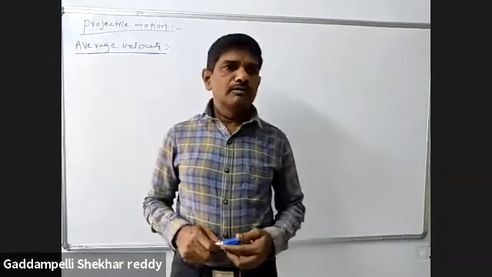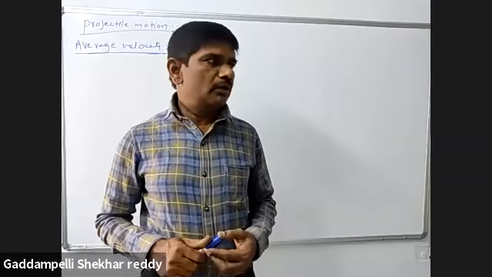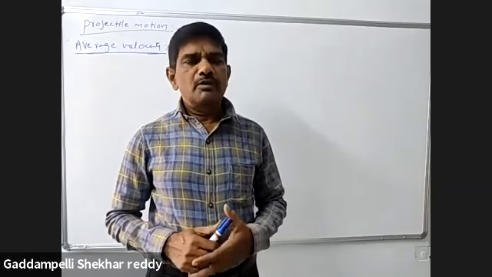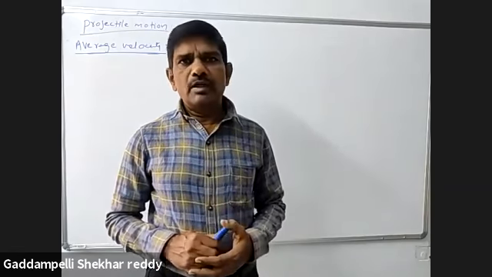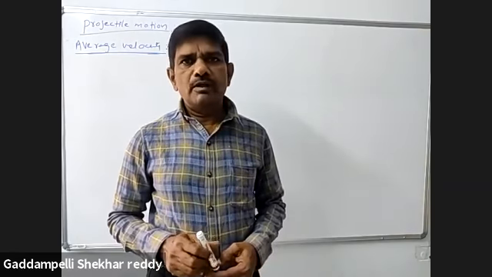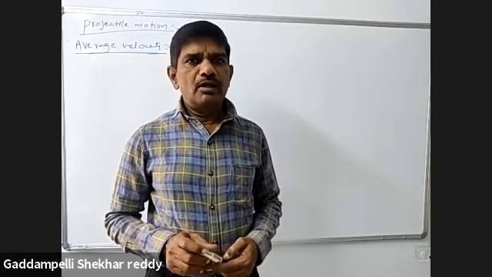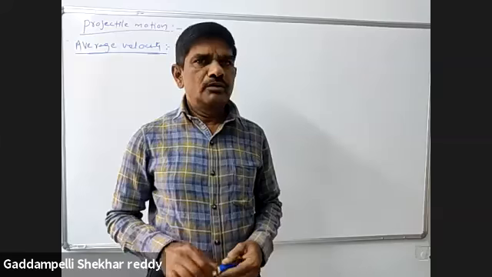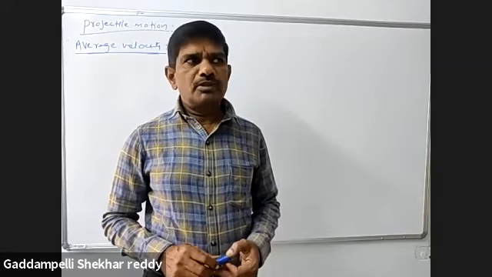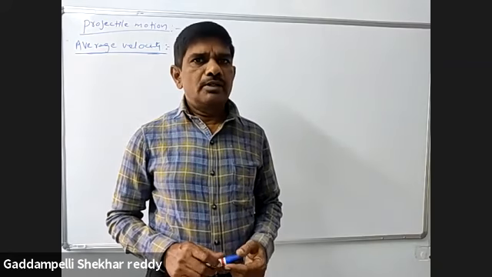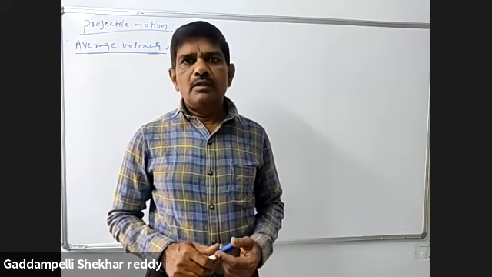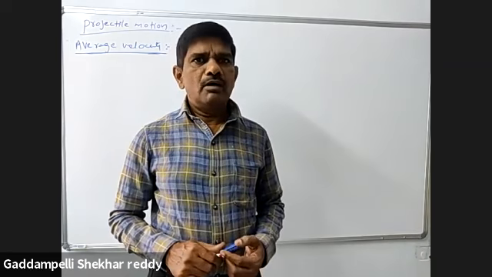Good morning, everyone. So today we are going to discuss projectile motion. In projectile motion, we find average velocity and time when the initial velocity vector is perpendicular to the final velocity vector, when the projectile reaches the ground, and the velocity from the point of projection to the time of ascent, the maximum height point.